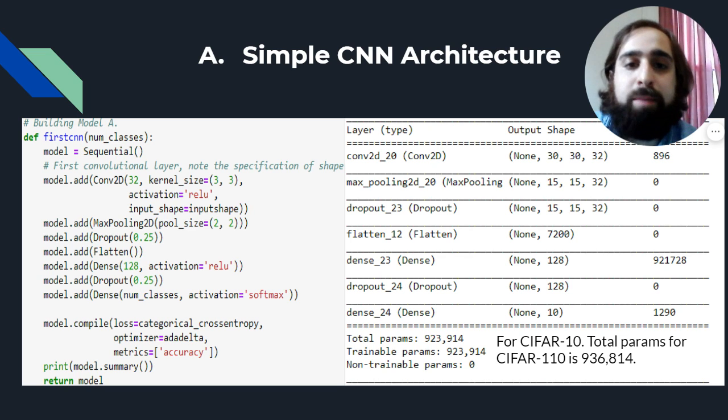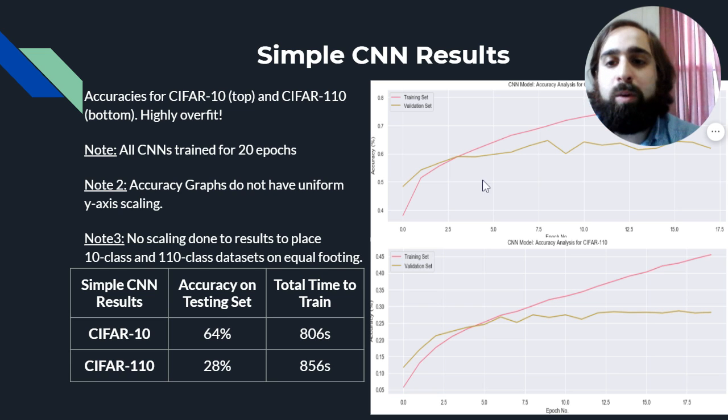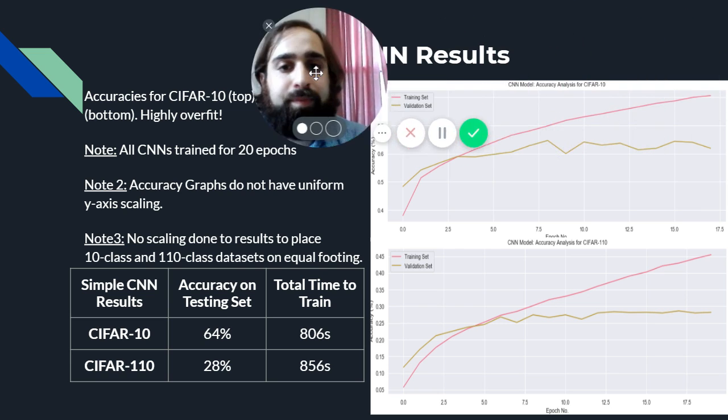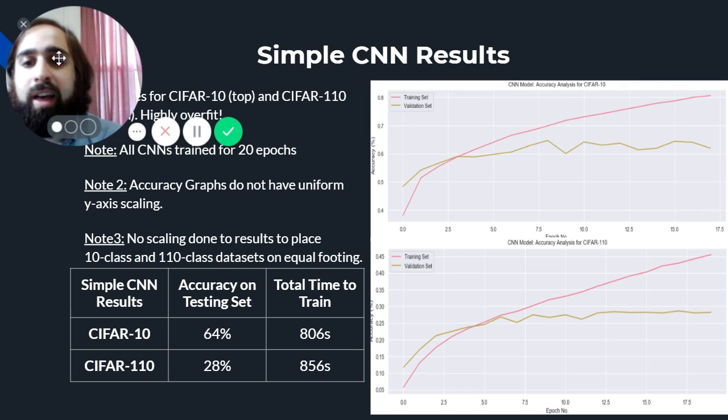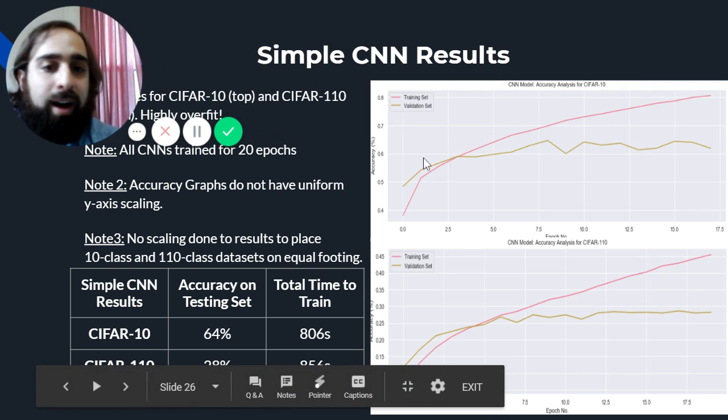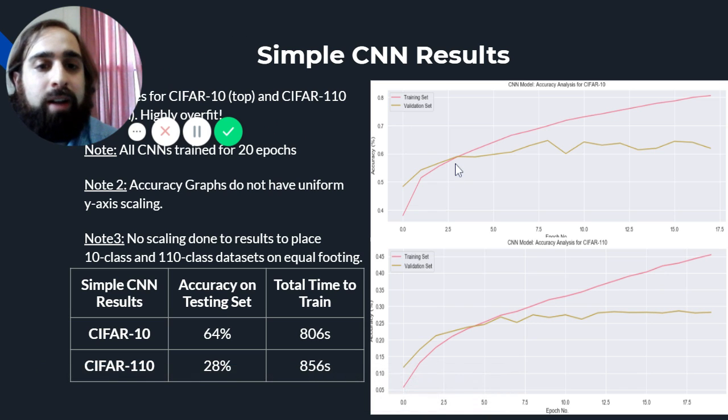So after running this model through CIFAR 10 and CIFAR 110, as simple as it is, it's highly overfit. You'll see that when I'm comparing the red line, that's the training set, to the golden line, the validation set. And again, just to reiterate, the validation set is just a 10% holdout from my training set.